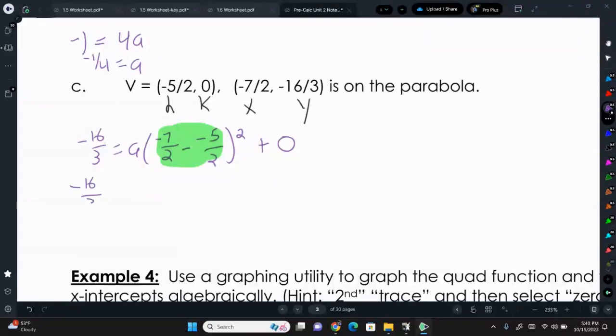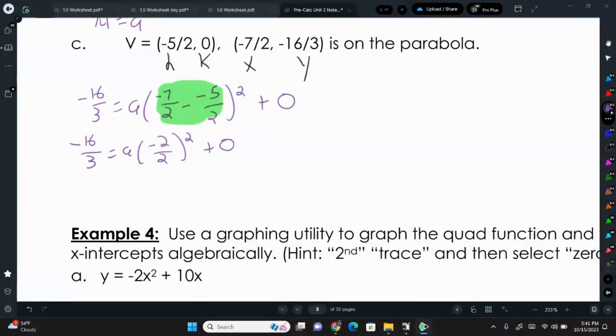So negative 16 over 3 equals a times negative 7 over 2 plus 5 over 2, which is negative 2 over 2, squared plus 0. Negative 2 over 2 is just negative 1, so negative 16 over 3 equals a times negative 1 squared plus 0.